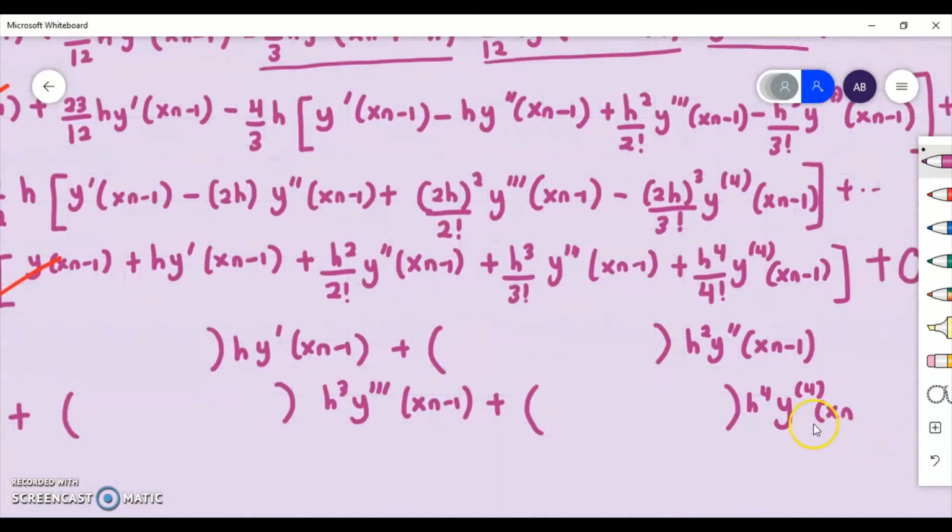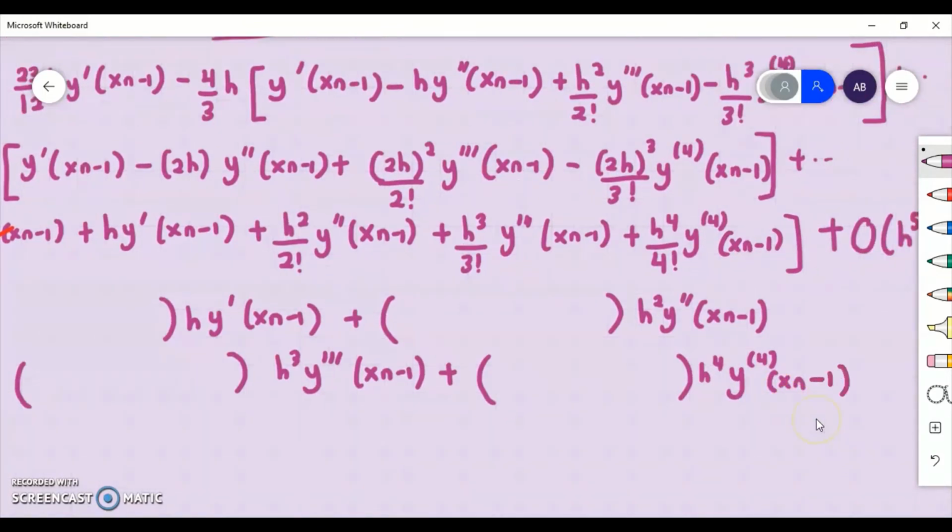Okay, it's just too long. The equation is too long. Okay, and then order 5.